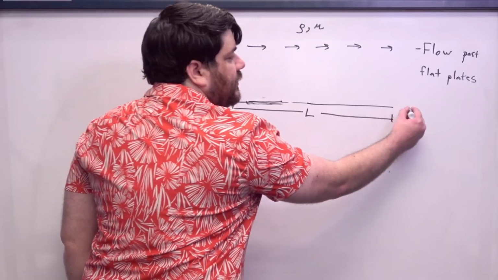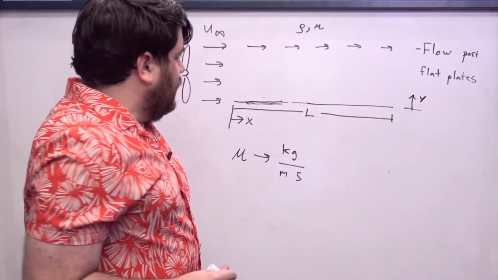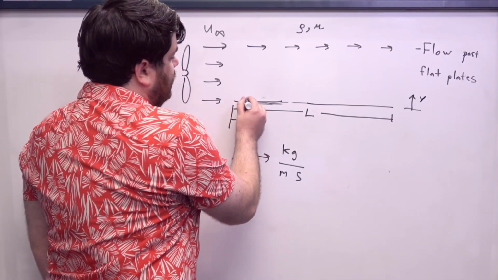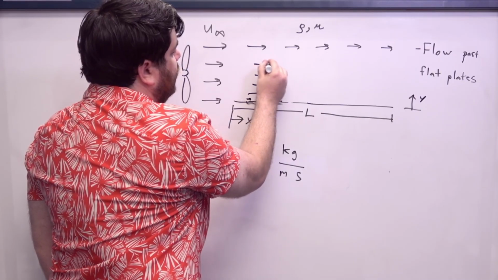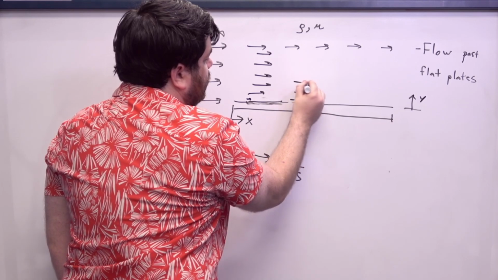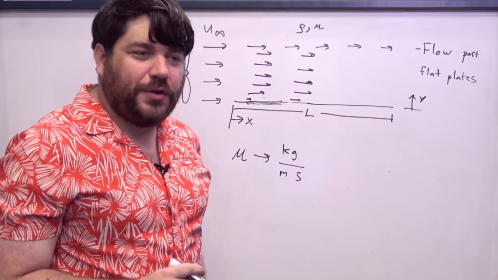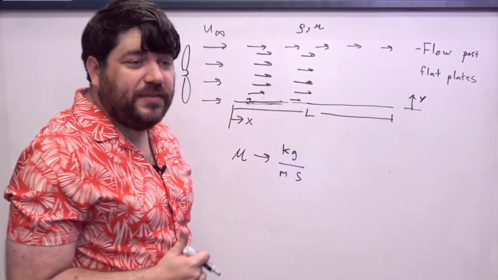As we move, I guess I could write, in the y direction. And so what we actually expect to see is a sharp increase of the speed as you move further and further away from the flat plate.